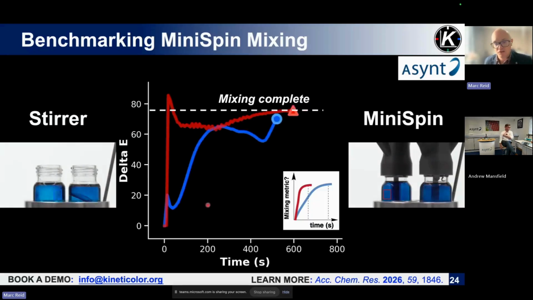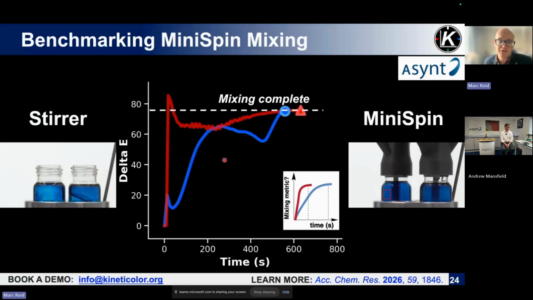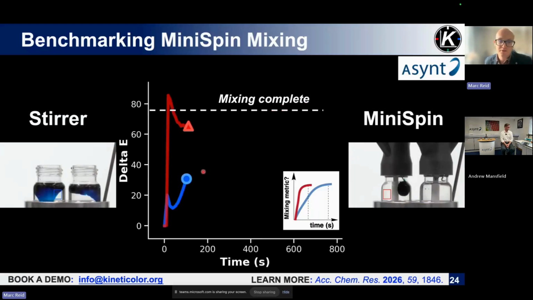And what we see in a larger suite of data, as exemplified here, is that the red data for the mini spin stabilizes and the color changes much more rapidly than for the stirred system, which is more erratic for a longer period of time.